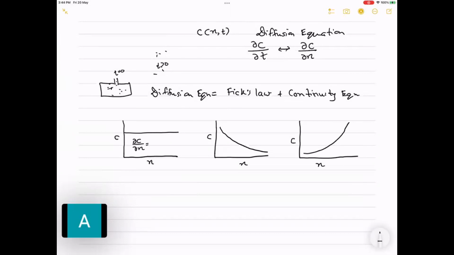Anyone? 0. So when we have a flat concentration profile, will there be a net movement of molecules from one side to the other side, or will there be any diffusion? Yes or no?